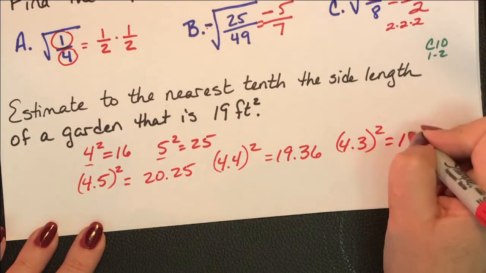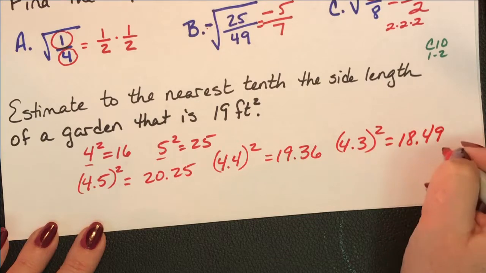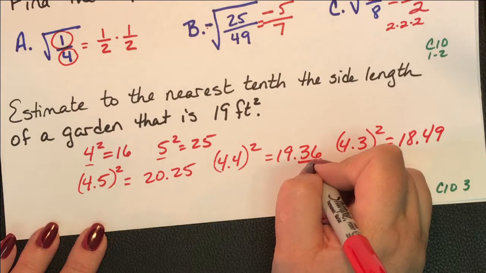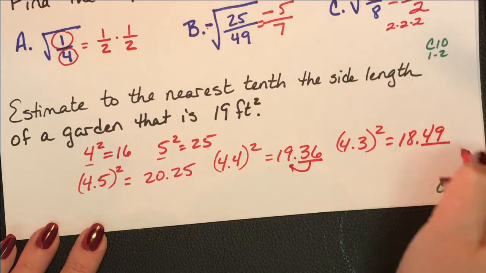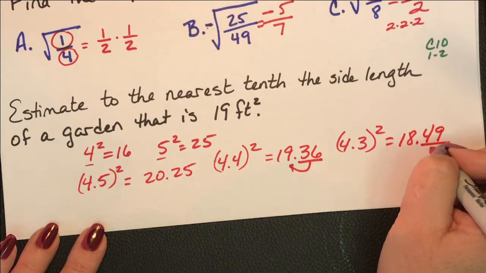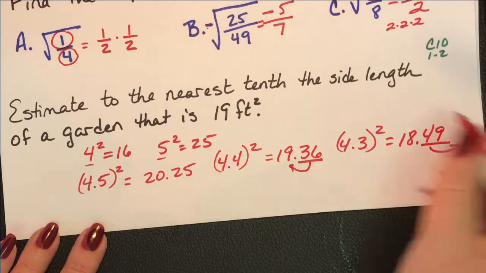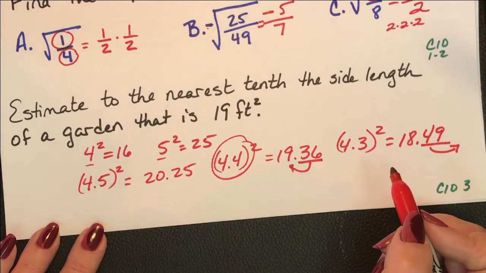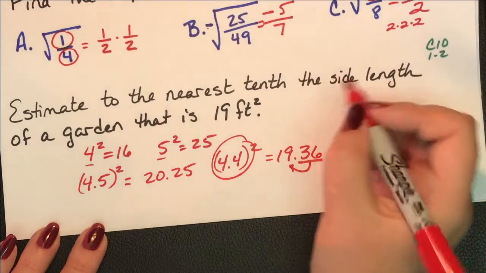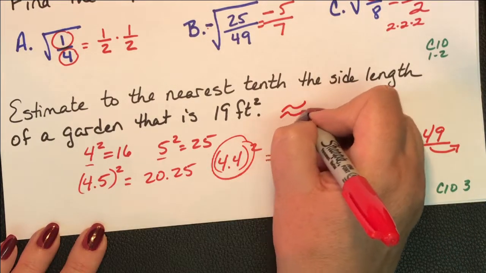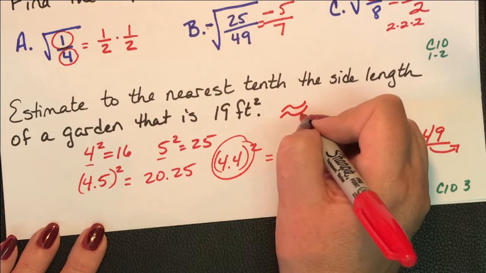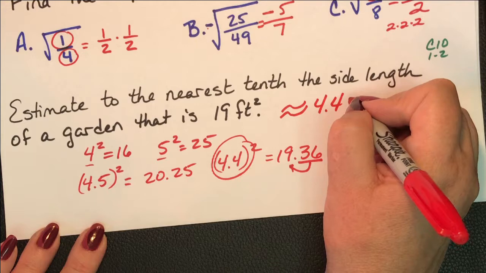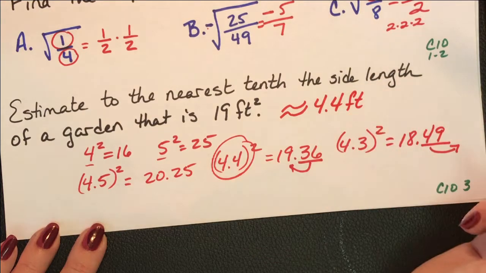That gets us 18.49. This is 51 hundredths from 19, while 19.36 is 36 hundredths from 19. So 4.4 would be the closest tenth. So our answer is about, that's an equal sign that's wavy, which means about 4.4 feet on each side.